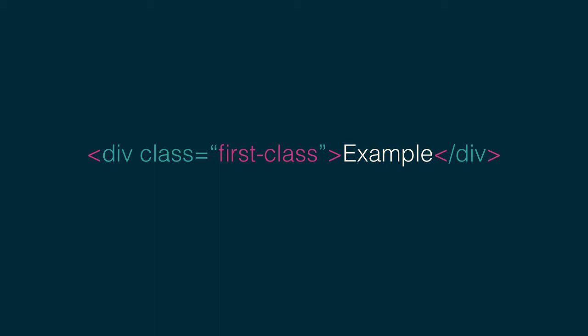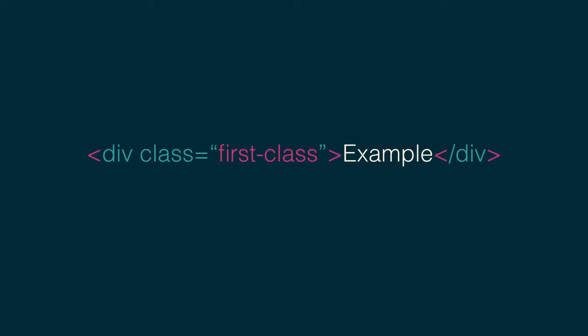It's something that is shared. So if I had a couple of paragraphs, like on the blog article that we were working on Tuesday, I could give all of those paragraph tags the same class, and it would let me style them all as one unit, because there's a lot of shared functionality between them.